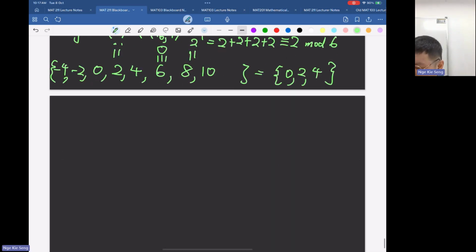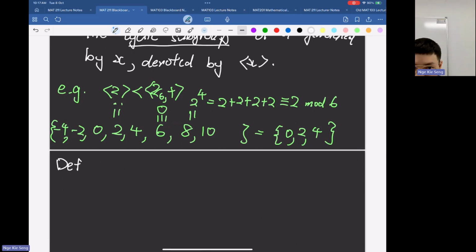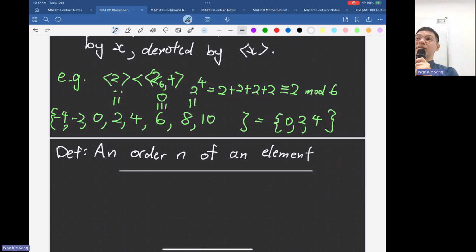So actually you already observed some idea which we will call an order, an order of an element. Be careful. Last time we defined the order of a group, but this time we define the order of an element. Element and group you need to differentiate.